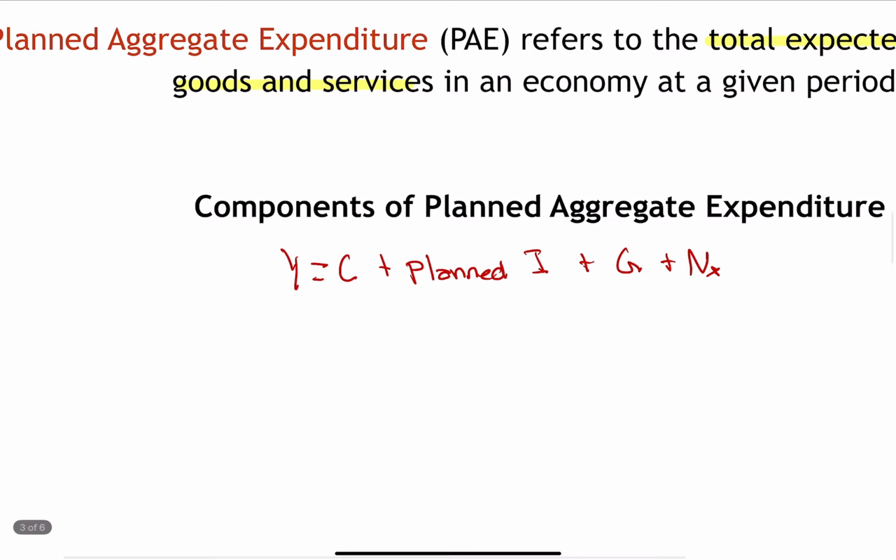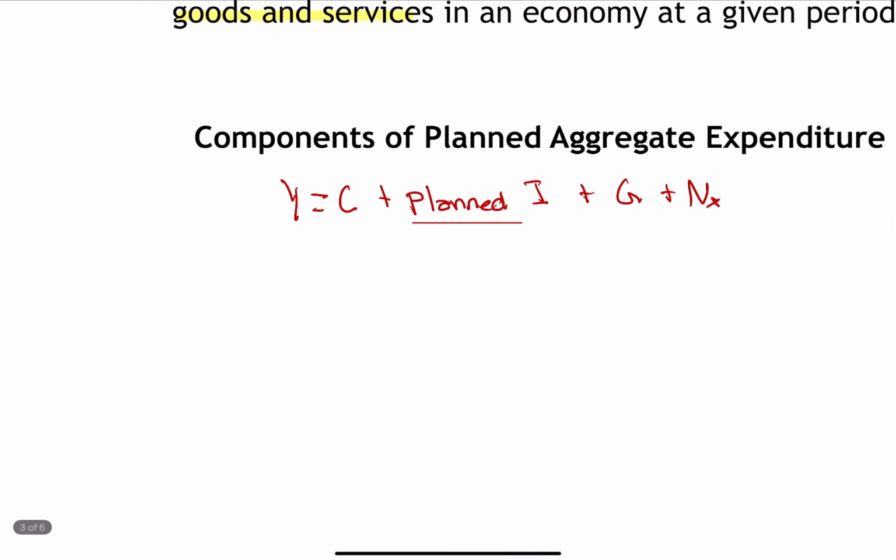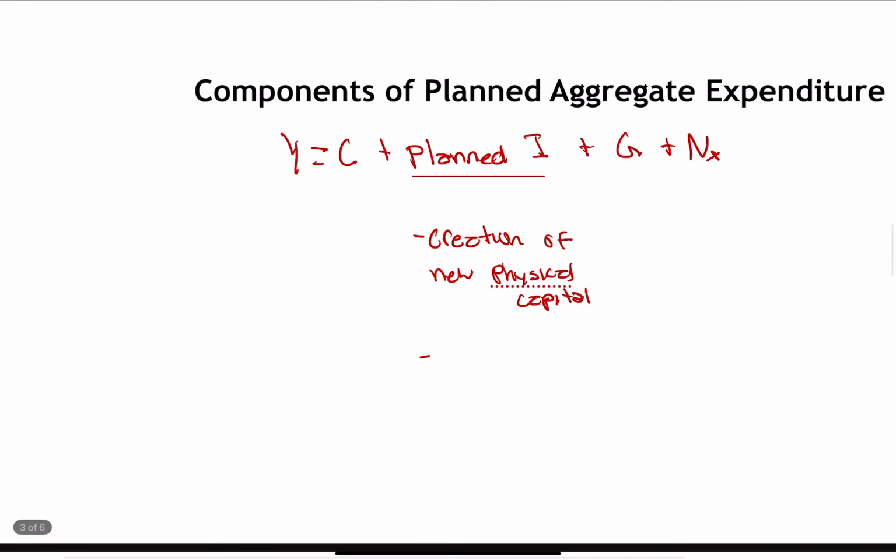Now everything's the same except for planned investment, which refers to the creation of new physical capital and inventory of unsold goods.